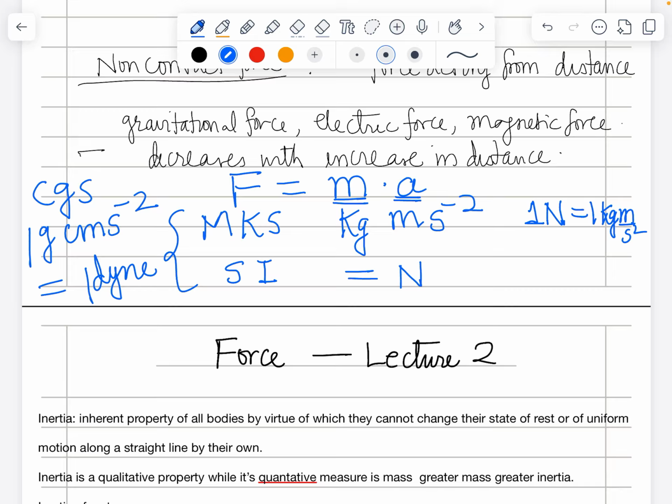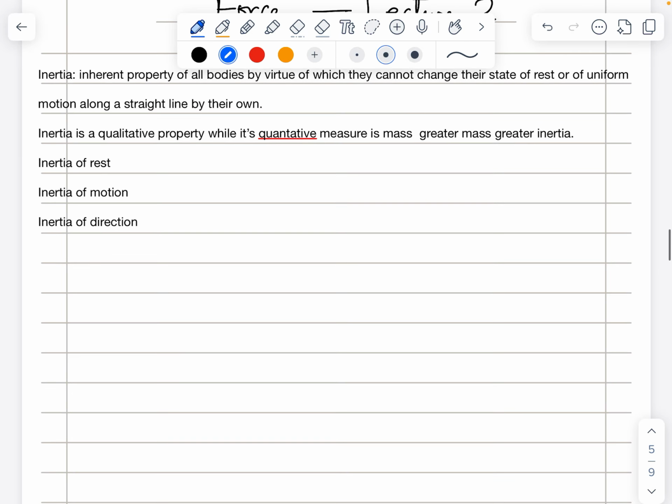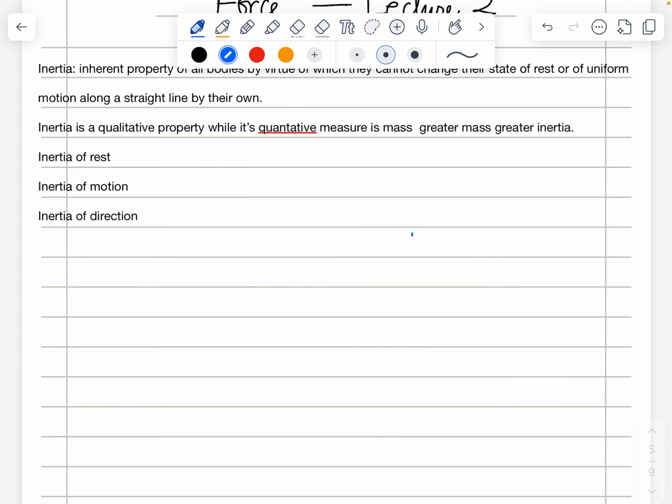It is clear. Now what is the relation between Newton and dyne? That also I will explain. You can see here, 1 Newton equals 1 kilogram into 1 meter per second square.